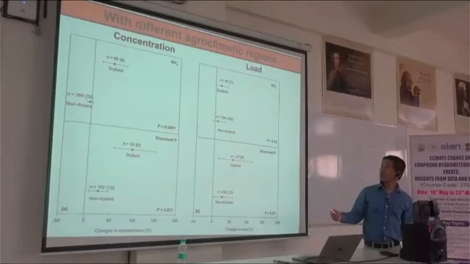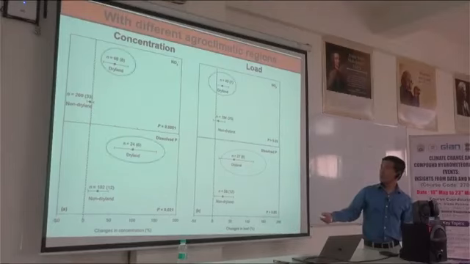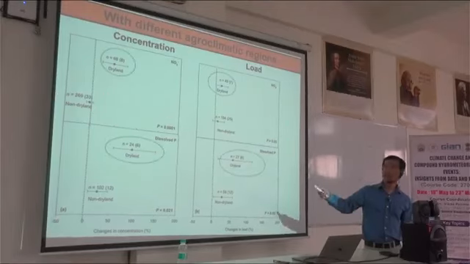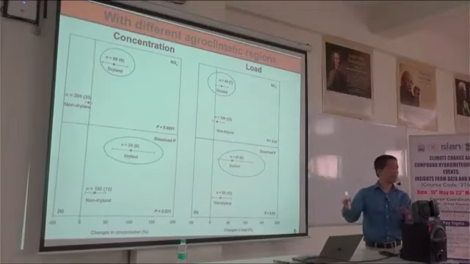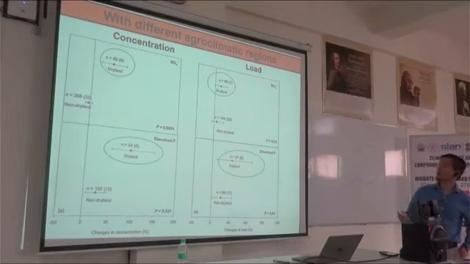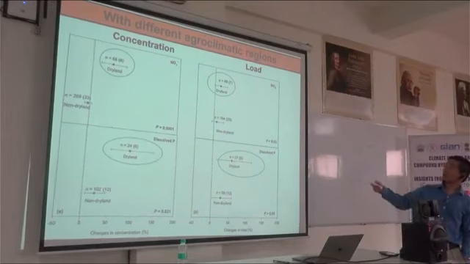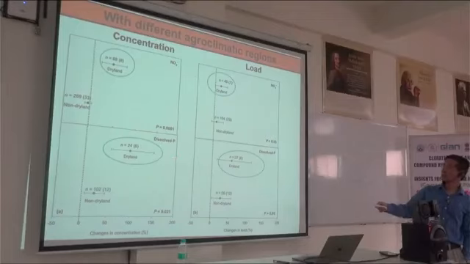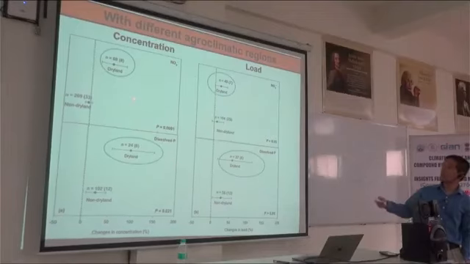So here basically what we did is we classified the agricultural fields into a dryland region and a non-dryland region. What we saw here, on the top is the nitrate, bottom is the phosphorus. You can see they are almost similar, right?